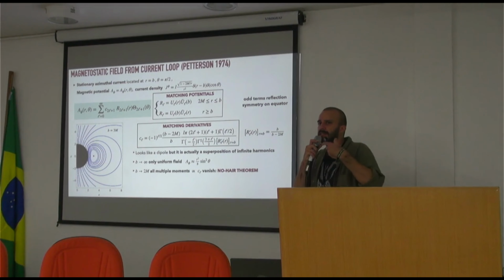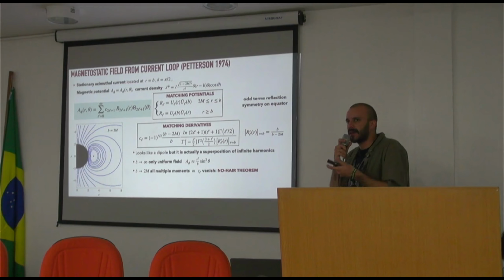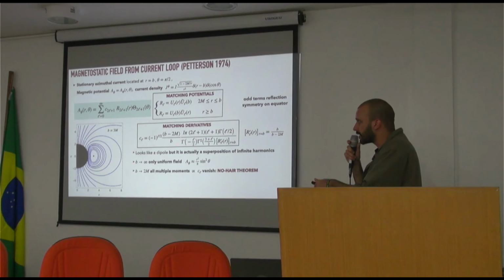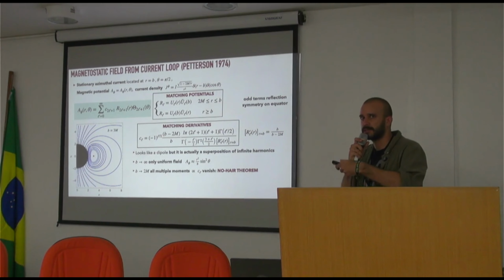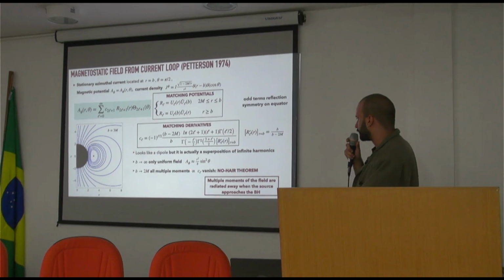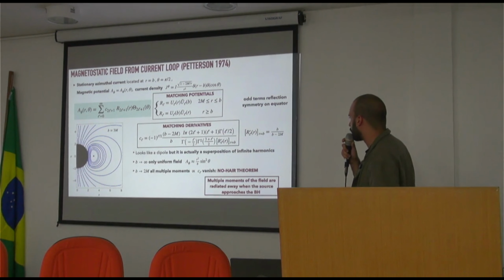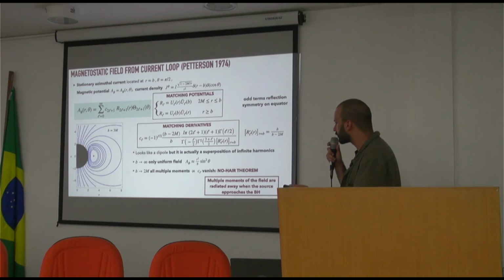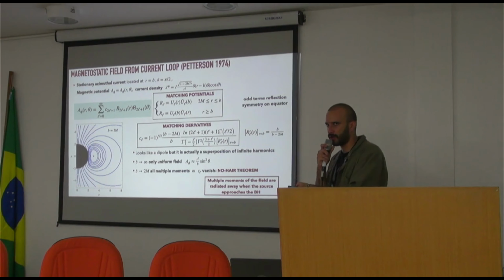Of course, the no-hair theorem is a dynamical statement, but here we can think of this as a sort of quasi-stationary situation in which at every instant we push the current closer to the black hole until the field completely disappears. So yeah, just a rephrasing of the no-hair theorem. The multipole moments of the field are radiated away when the source approaches the black hole.